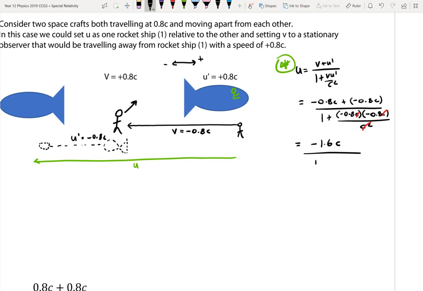We get negative 1.6 over positive 1.64, and we get negative 0.976c. The negative is because I assigned left as negative. So from the green stick figure in the right spaceship, he observes the left spaceship to be travelling left at 0.976c, not the 1.6 that would break the rules.